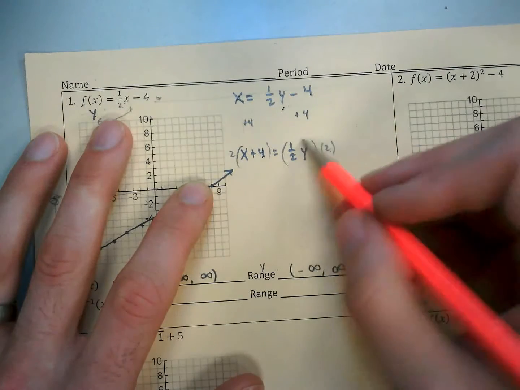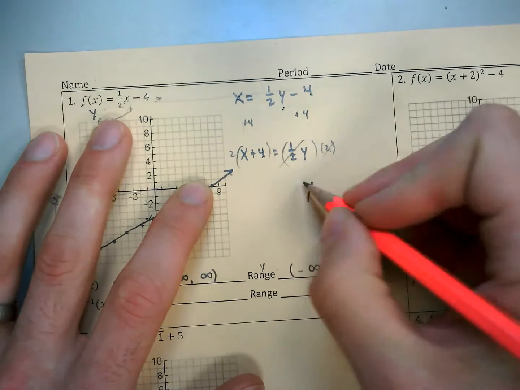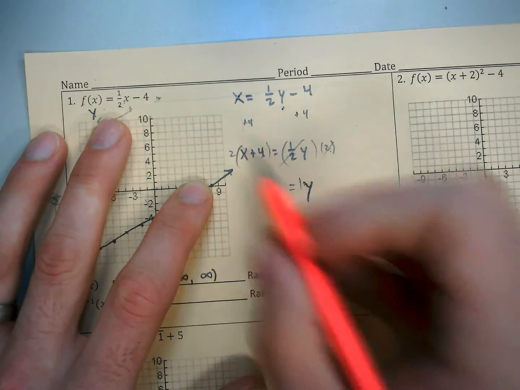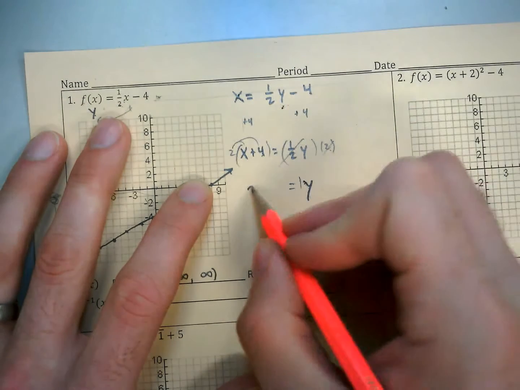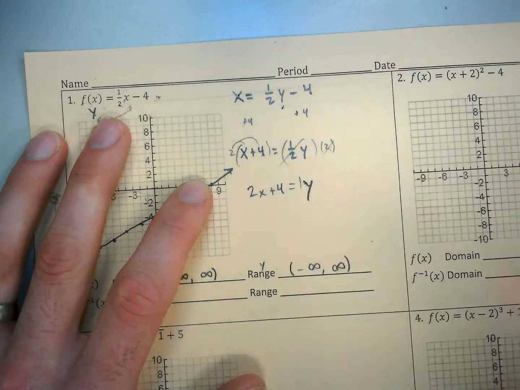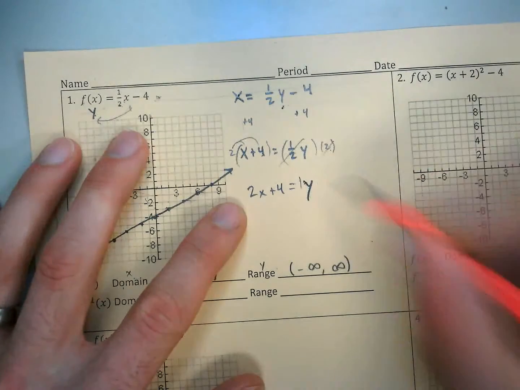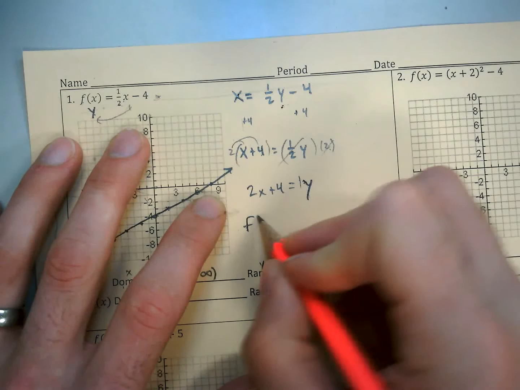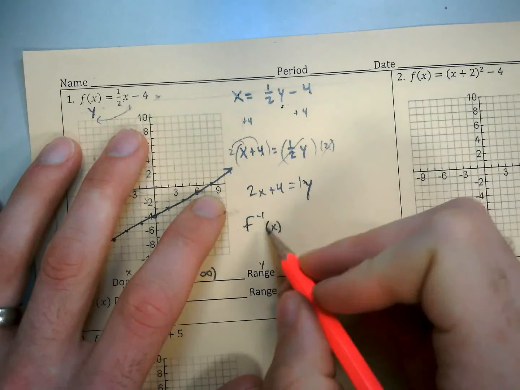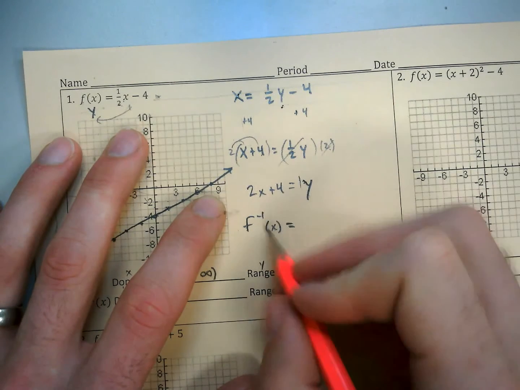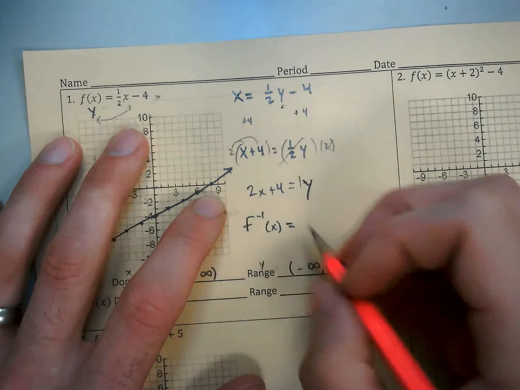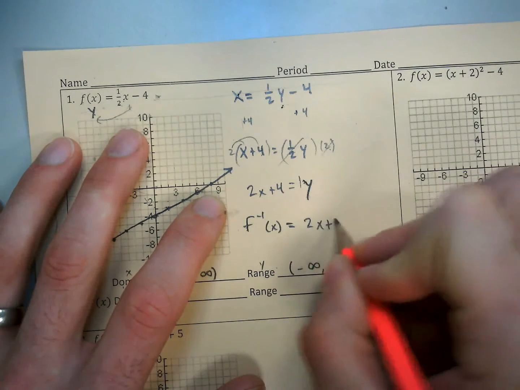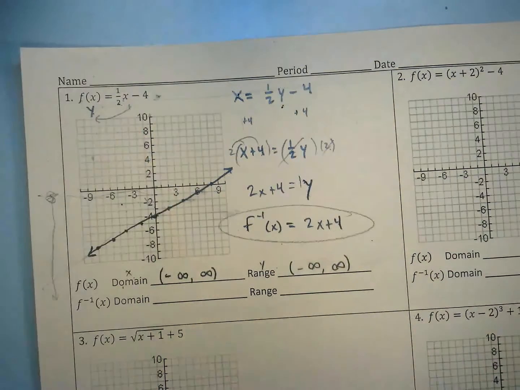Half of 2 is just 1, so you are left with y, or 1y, and you can distribute here and get 2x plus 4. So you're pretty much done here. Let's use the correct notation. Let's be extra clear that the inverse of f, f inverse, is 2x plus 4. So there's the inverse.